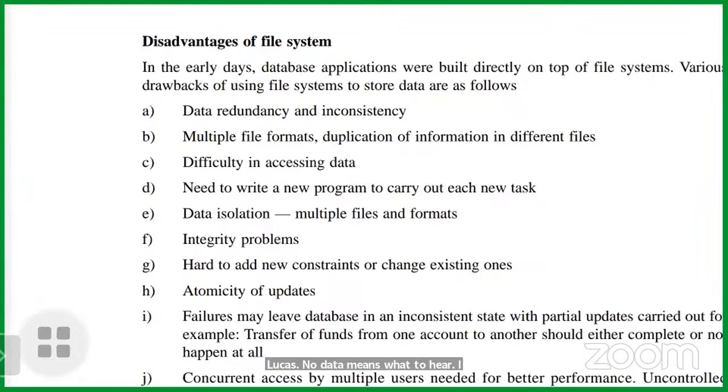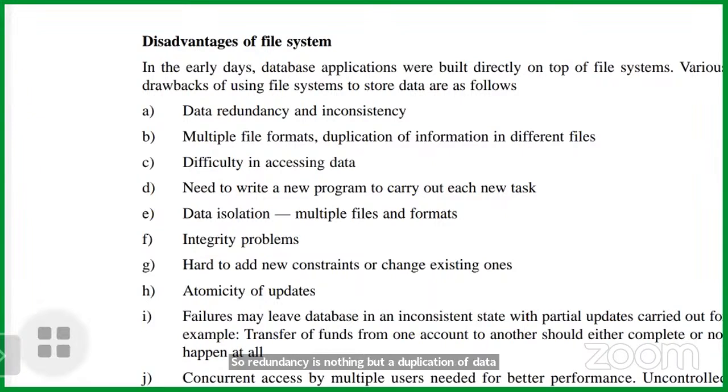If you send one file, one video, to 10 members, then the data will be available in those 10 members' chats. The actual original file is shared to 10 members, then 10 duplicate files are created there. That type of problem will be there using the traditional file system. So redundancy is nothing but duplication of data.